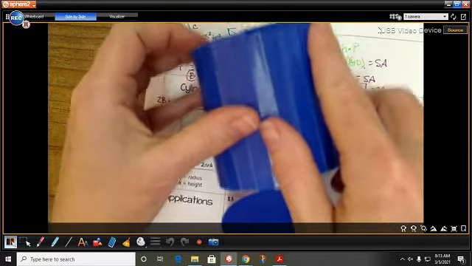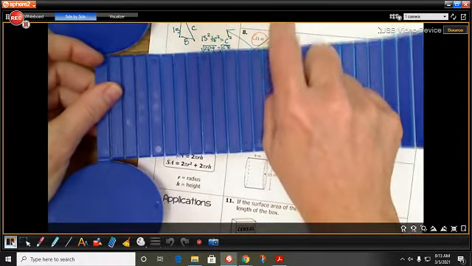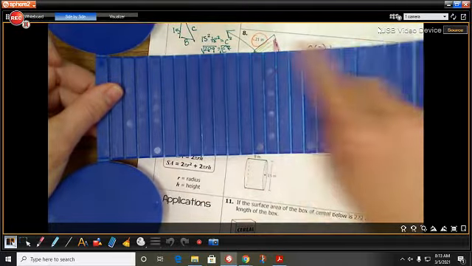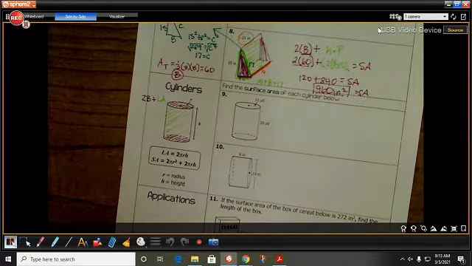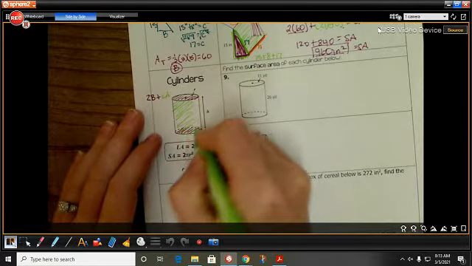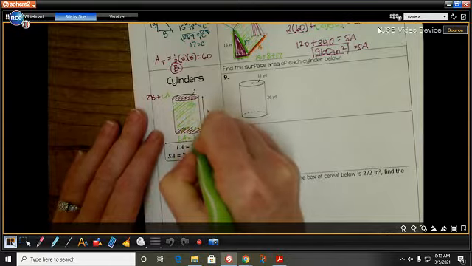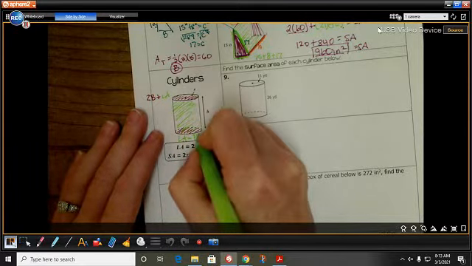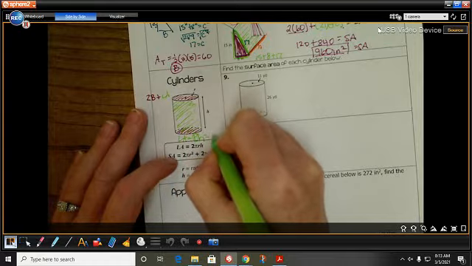And so this perimeter that I would have used up in my prisms is now going to be the circumference of the circle. So my lateral surface area here, the area of this all wrapped around the side, is going to be the perimeter of my circle times the height. Well, to get the perimeter of a circle, that's your circumference of your circle.